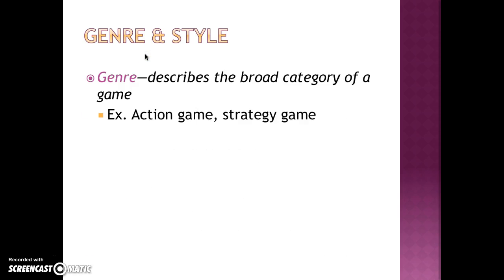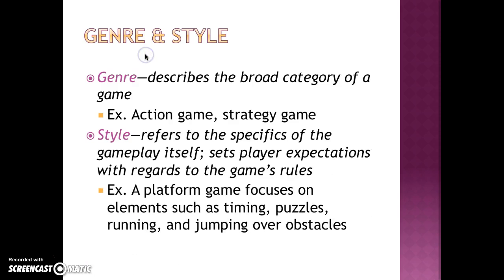Genre and styles. Genre is a broad category of a game. Could be an action game, strategy game, adventure game, a simulation game, whereas style refers to the specifics of the gameplay itself. It sets the player's expectation with regards to the game's rules.